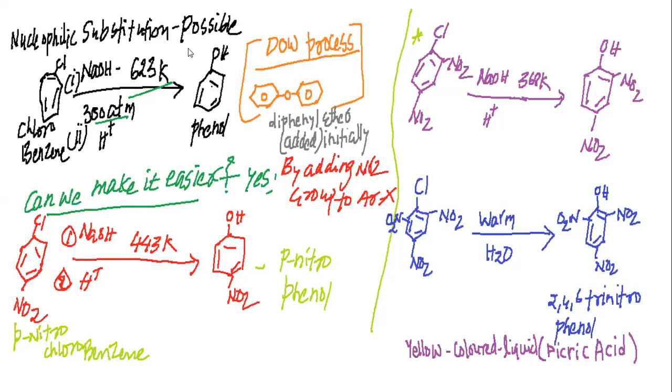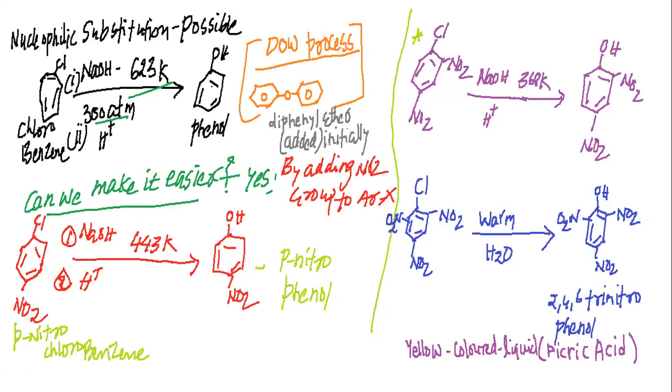This reaction is very difficult, but can we make it easier? Can we make this reaction easy? And the answer is yes. We can make this substitution easier by adding an NO2 group to the aryl halide.